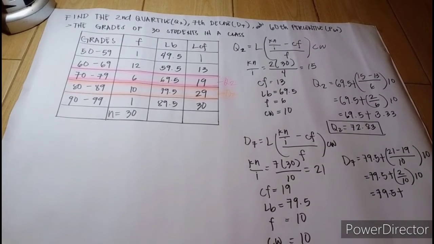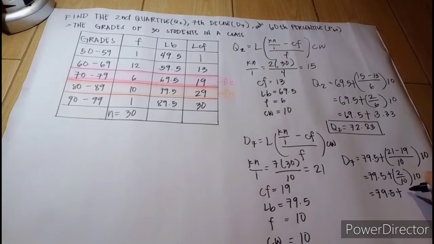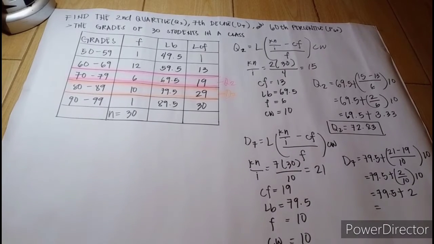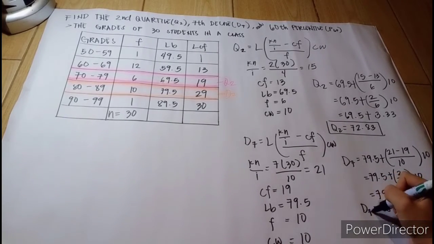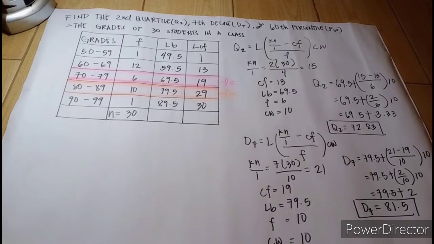So 2 over 10 times 10, that is 2. So 2 plus 79.5, the answer is 81.5. Therefore, our 7th decile is equal to 81.5.